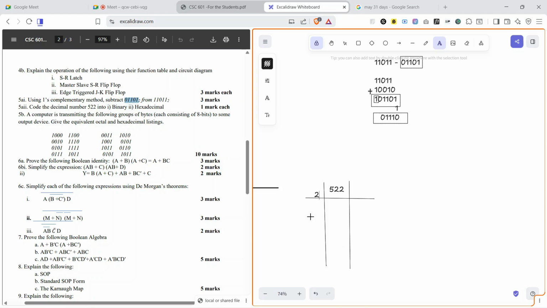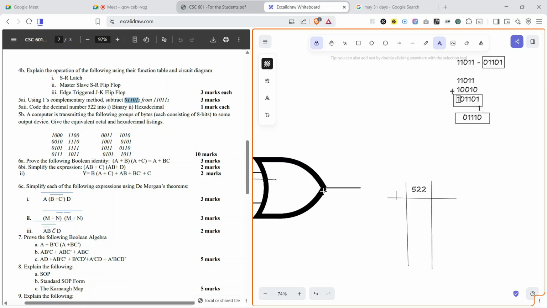Then for hexadecimal, you divide by 16, and then you get the result. You necessarily don't need to divide for the hexadecimal. The result you get here, you can now divide it into bits of 4, the same way we did.